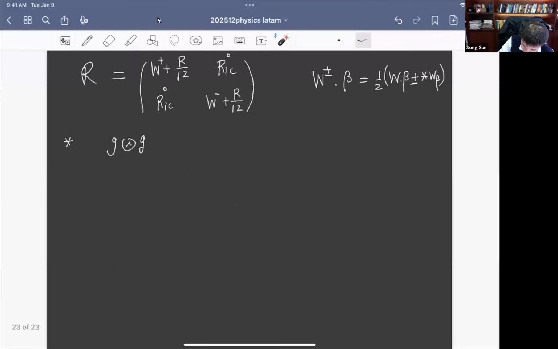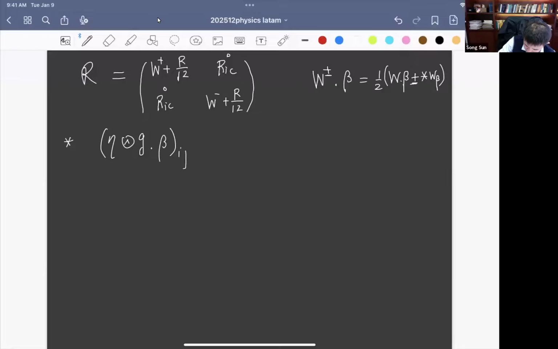We just need to understand how this acts on a 2-form. More generally, because we also have the Ricci, let's just consider η ∧ g, where η is another symmetric 2-tensor, acting on some 2-form β_ij.